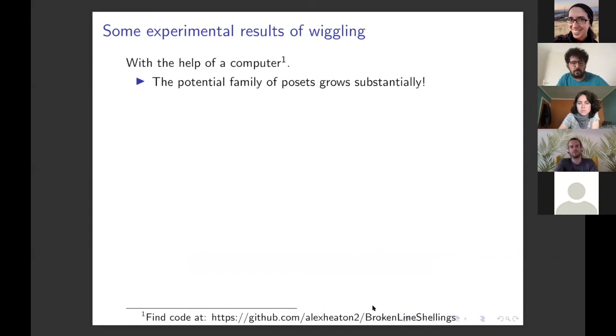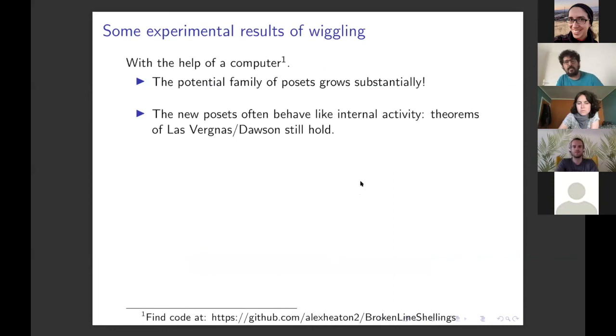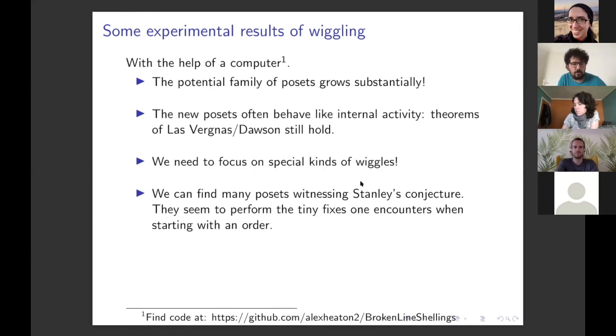You can download some code and play with it later. I put up a GitHub webpage where you can download it. But the point is that when we start playing with this, we get many new restriction posets and many shelling orders that often behave like internal activity, with very similar properties to the nice structure from Las Vergnas and Dawson.